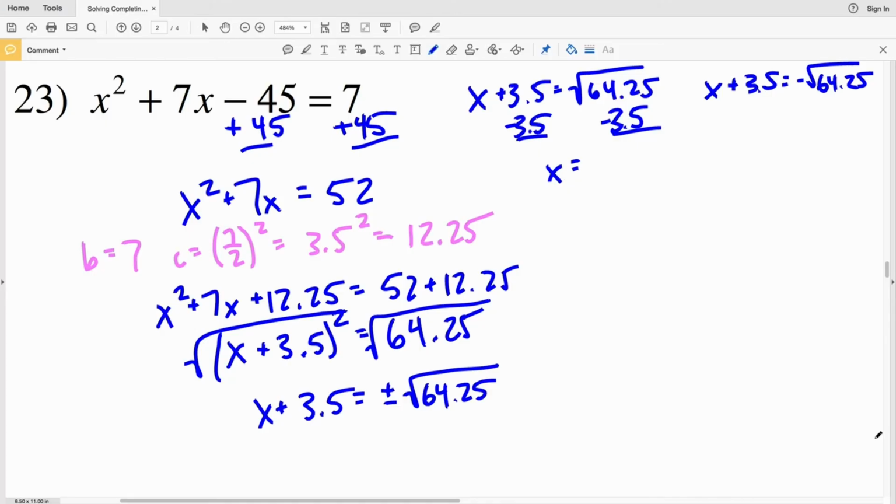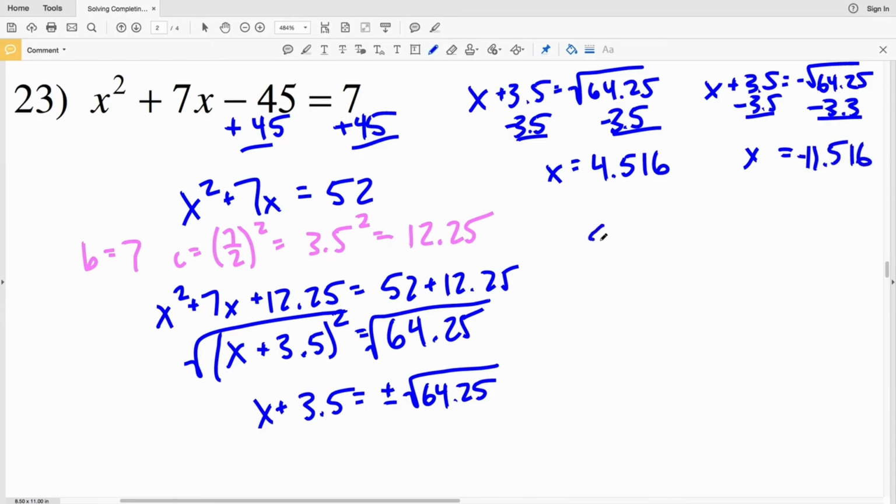However, on the answer sheet, they round down to 4.515. So x rounding up is 4.516. And my other x value, when I subtract 3.5 from both sides, taking away 3.5 from that negative square root, I'll get that x is equal to negative 11.5156, which I'll round up to negative 11.516, and on the worksheet they round down to negative 11.515.